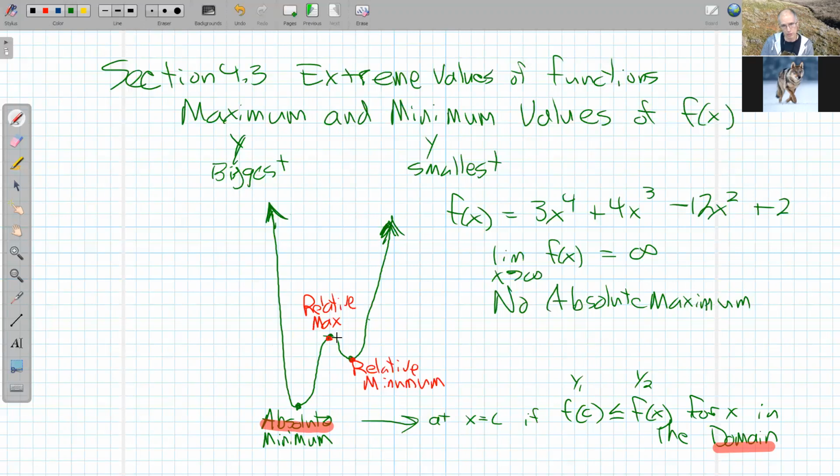So these relative ones, this is only the maximum if I just focus on that region right there. If I zoom in and look at only that region, in that span, that right there is the highest y value.